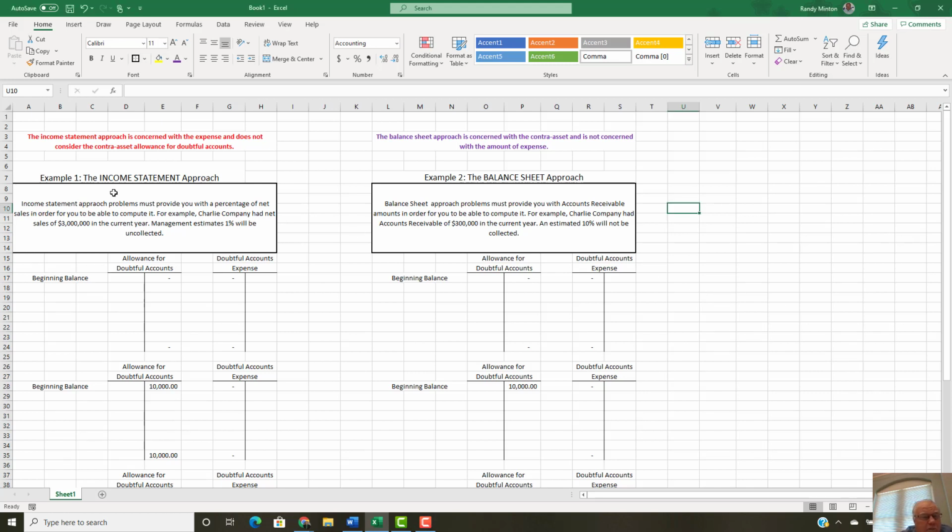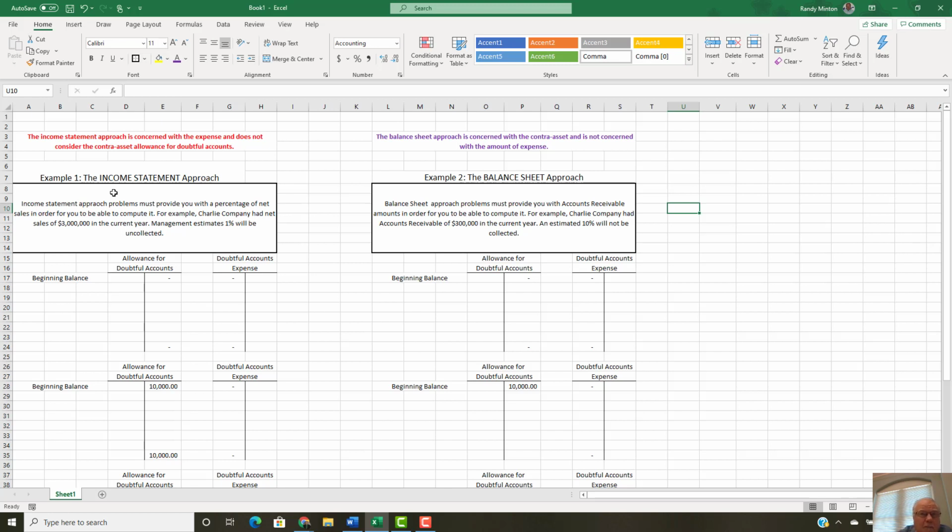And so if they don't tell you that they're going to ask you to compute the income statement approach, what they do instead is they make the assumption that you understand that if they're talking about net sales and a percentage of net sales, that net sales goes on the income statement, and therefore they're using the income statement approach.